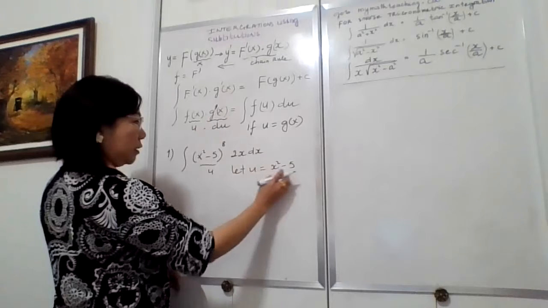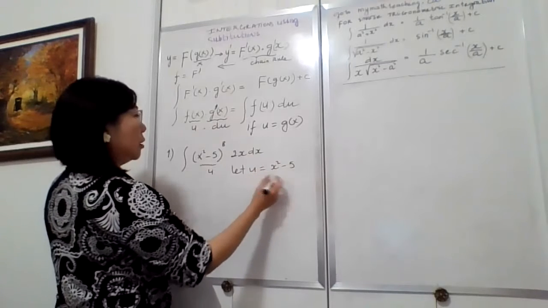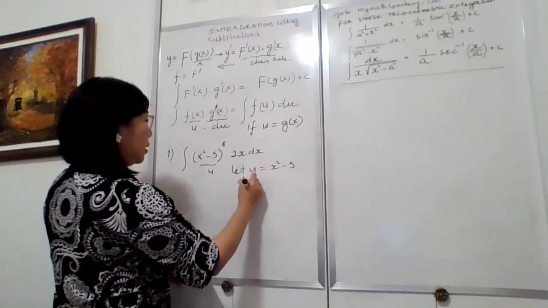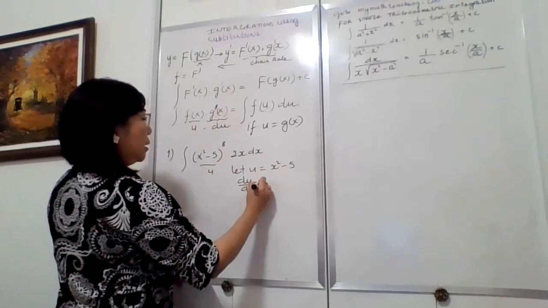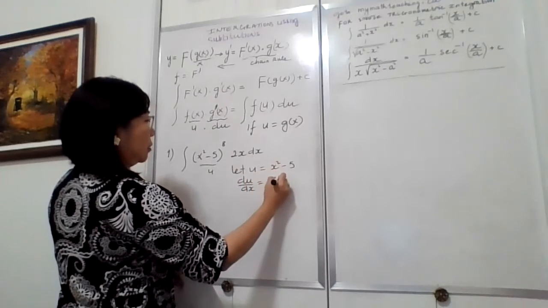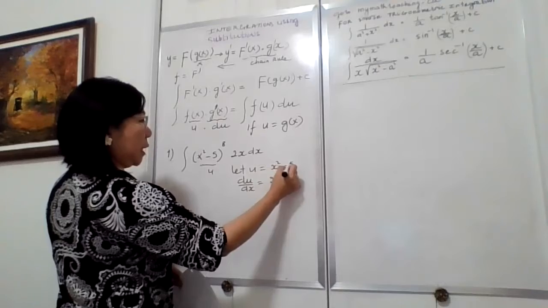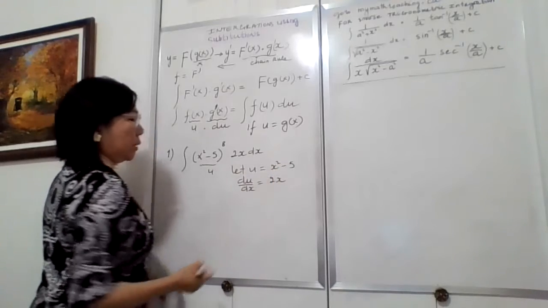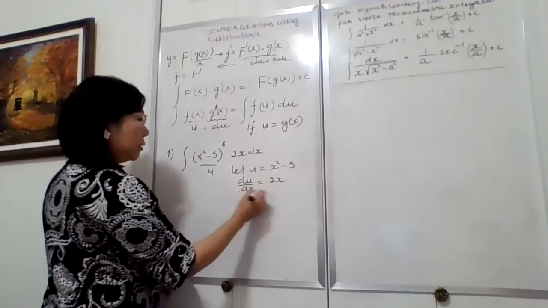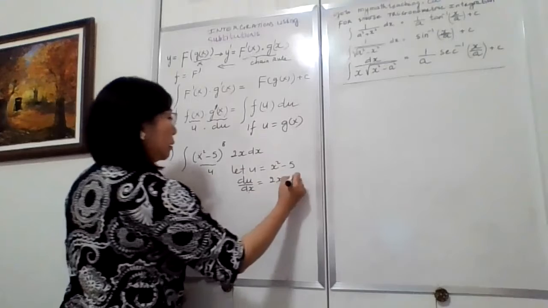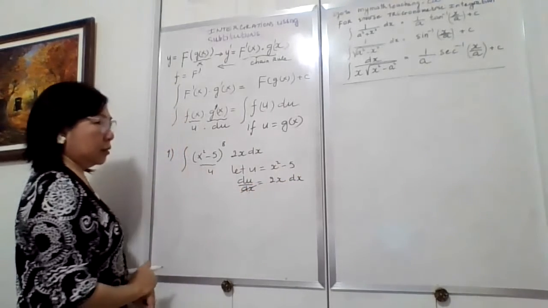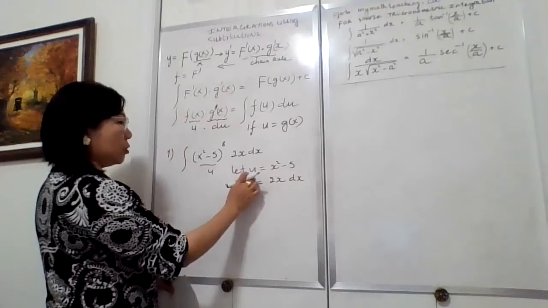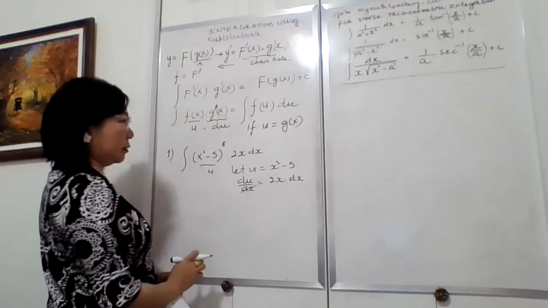The derivative is du over dx, and the derivative of this is 2x minus 0, but I don't have to put minus 0 here. Now if I move this dx up here and cancel, it turns out du equals 2x dx.